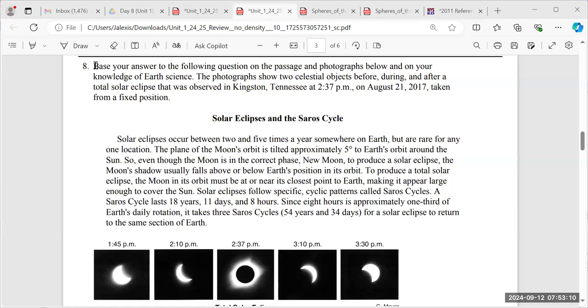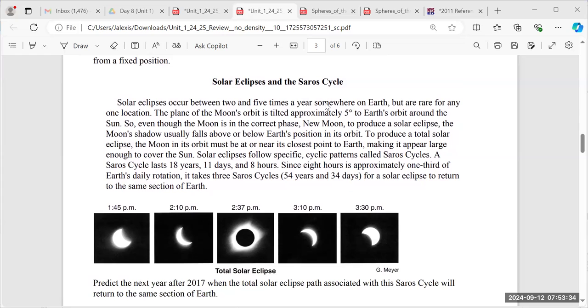All right, number 8, it says, base your answers to the following questions on the passage and photographs below and on your knowledge of earth science. The photographs show 2 celestial objects before, during, and after a solar eclipse that was observed in Kingston, Tennessee at 2:37 p.m. on August 21st, 2017, taken from a fixed position. All right.